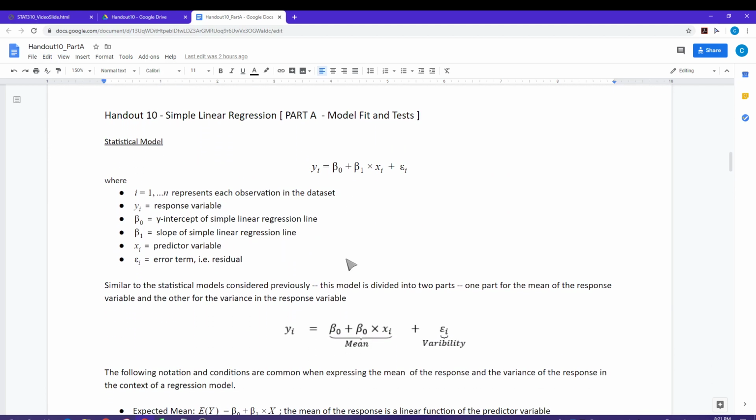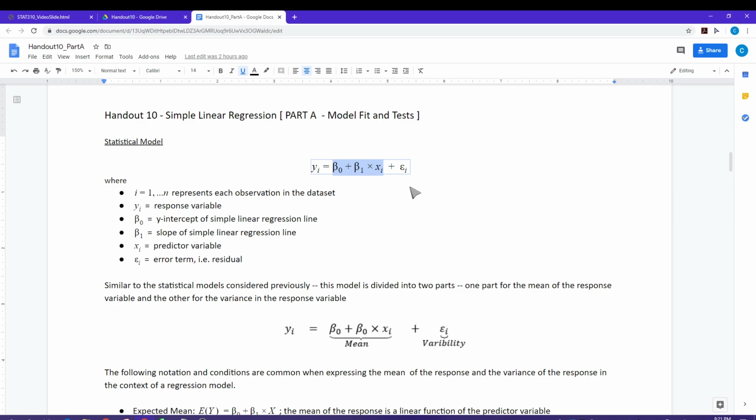On page 3, we have our statistical model. It's broken out into 2 pieces. We have the part that's for the mean, which is going to be this first part. That is going to be used to express the mean of the proportion of nose black.